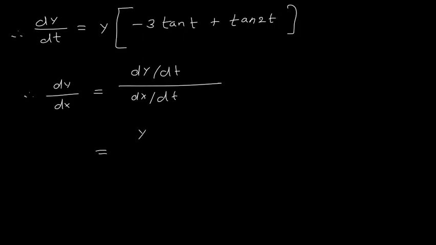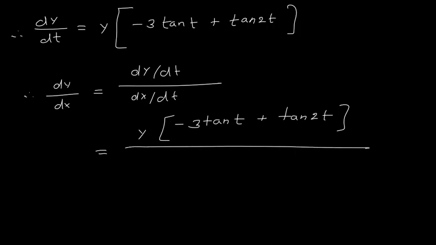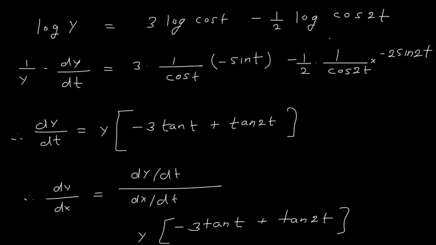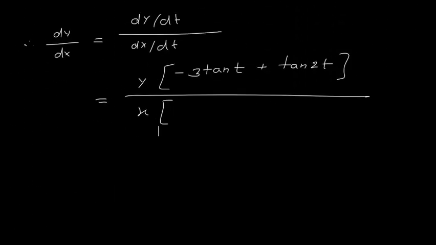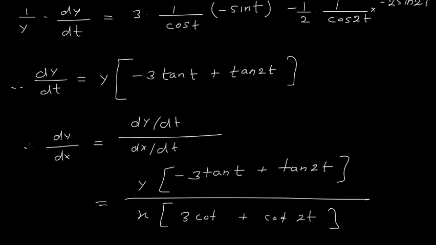So dy upon dt is y times (minus 3 tan t plus tan 2t), whole divided by dx upon dt, which is x times (3 cot t plus cot 2t). So it is (3 cot t plus cot 2t), y upon x.